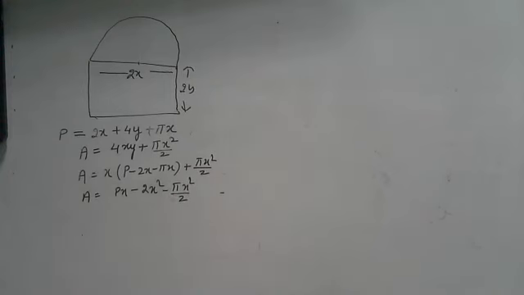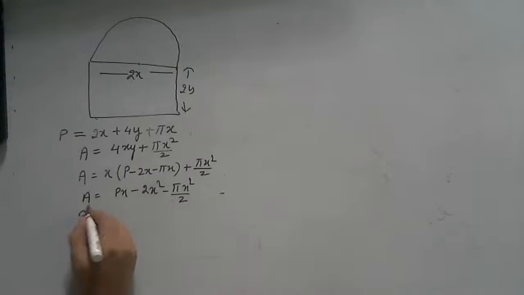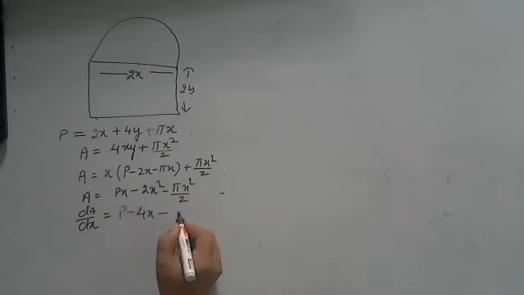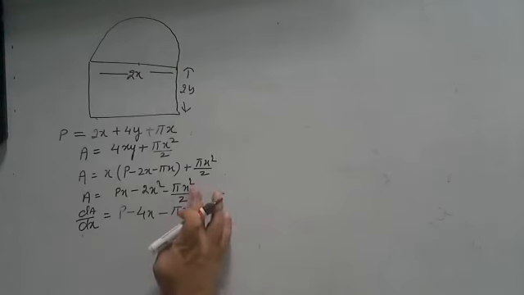So now this is a function, and to maximize or to minimize this function, we need to take the derivative of A, that is dA by dx. The derivative will be p minus 4x minus pi x. Why pi x? Because it gives you 2x and 2 will be cancelled, so pi x.